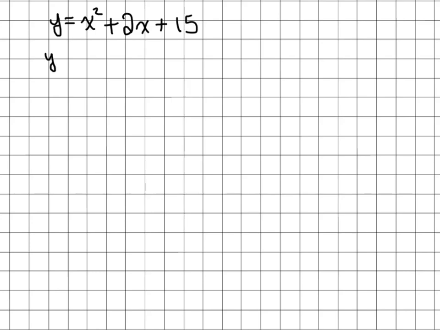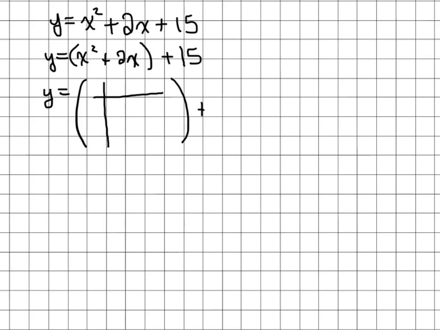So again, I'm going to group my x squared and my x's together. I'll leave the units off to the side because we don't care about those till the end. Make the chart. We know that x squared goes here.